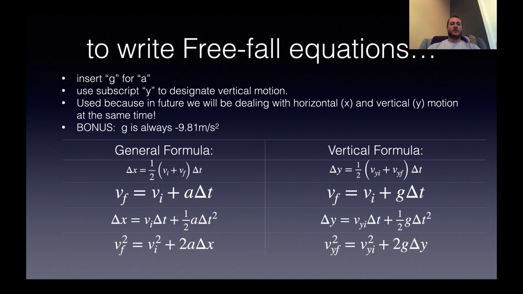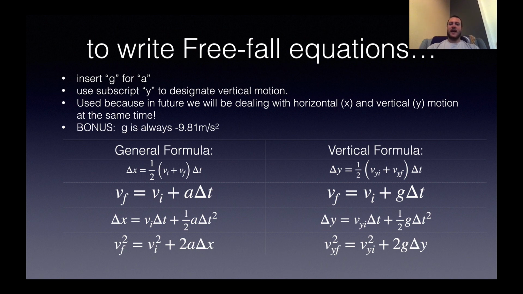To help differentiate our velocities, on the left-hand side we had vi and vf to represent initial and final velocities. Now in the vertical column, we go v_yi and v_yf. That indicates we have an initial vertical velocity or a final vertical velocity. And the way that it's good to read the subscripts is you can read them backwards from right to left.